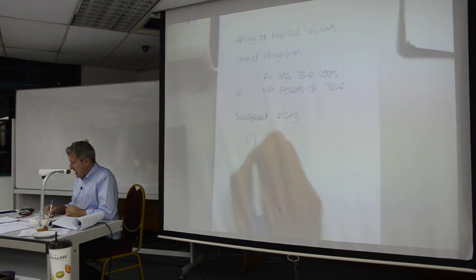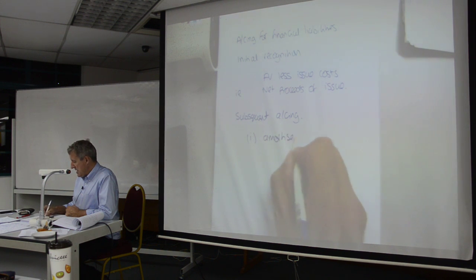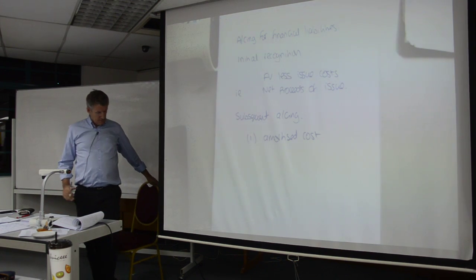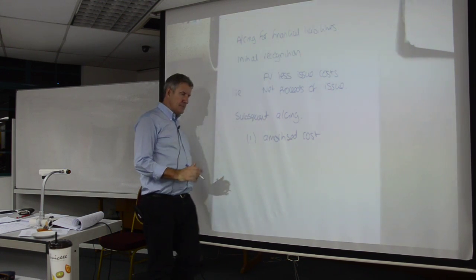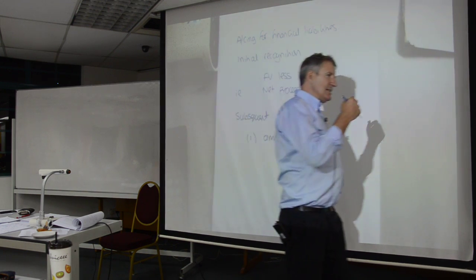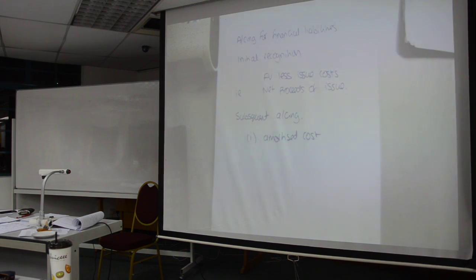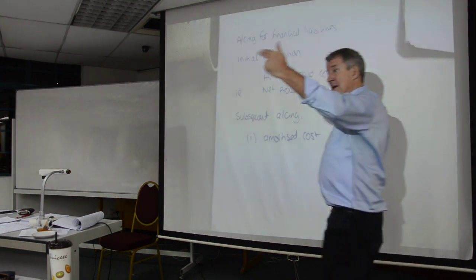Subsequent accounting is two ways. One way is amortized cost. If you have a liability at amortized cost, well, we've done this. You don't remeasure the liability.